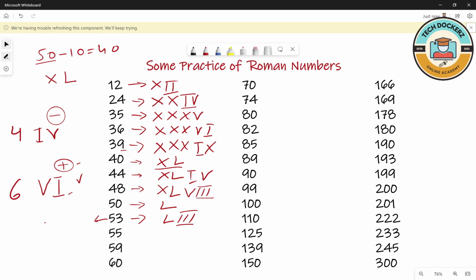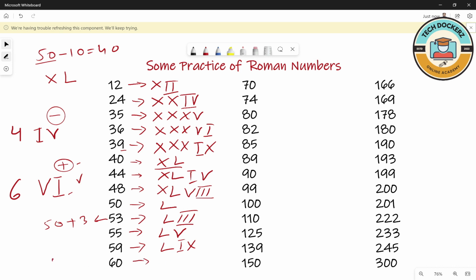As you know, we can write 50 plus 3. 55: L V. 59 using addition method: L I X.